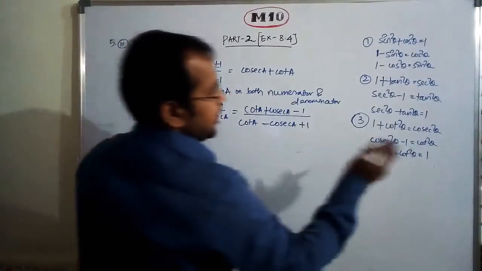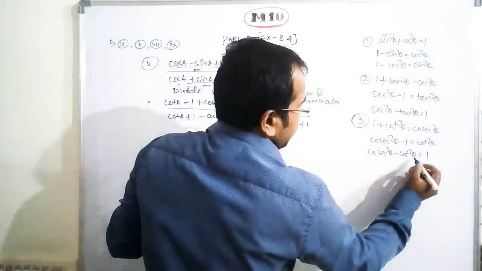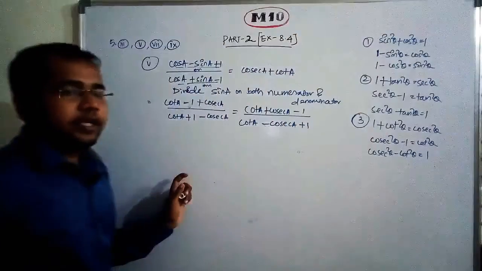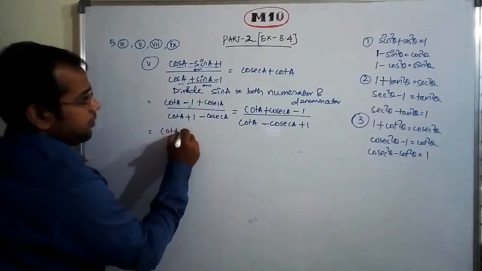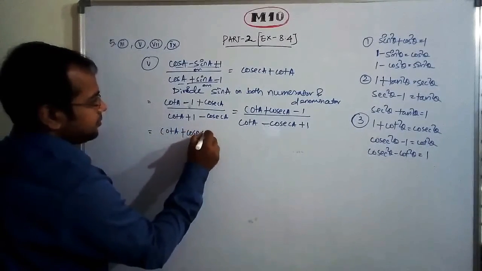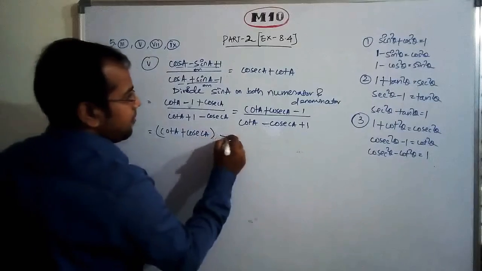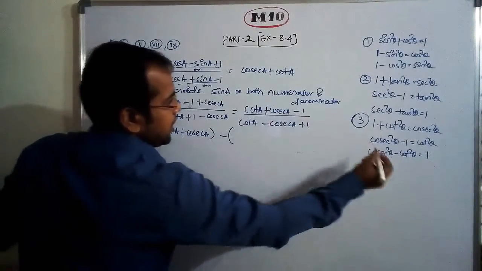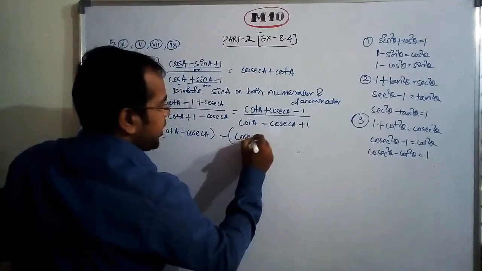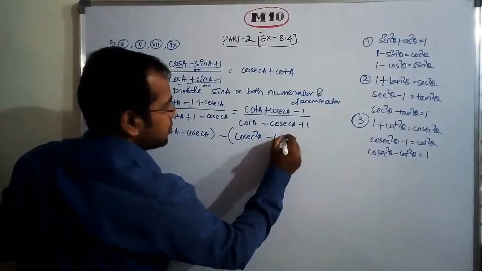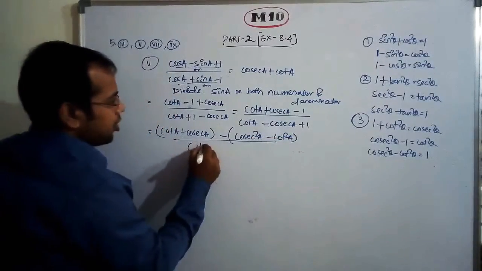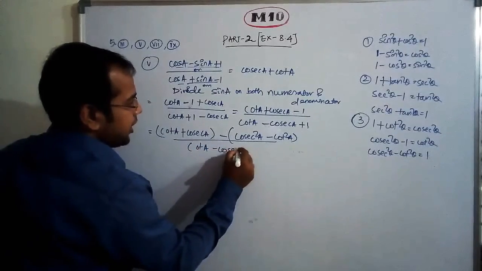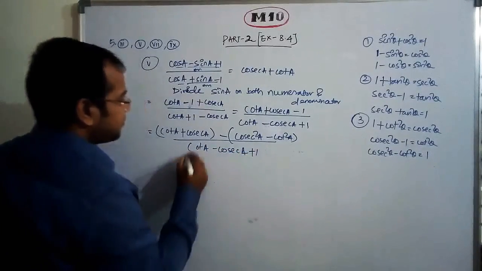Now see, cosec square A minus cot square A is equal to 1. So in place of 1 you can put that. So what will you get? Cot A plus cosec A minus, here in place of 1 put cosec square A minus cot square A, divided by cot A minus cosec A plus 1.